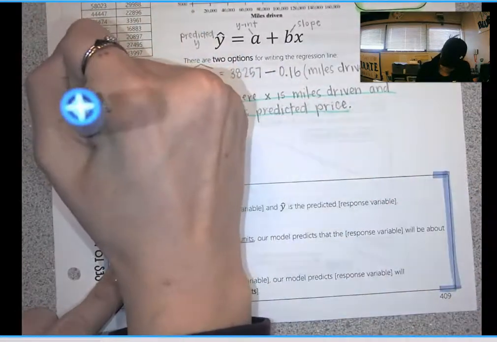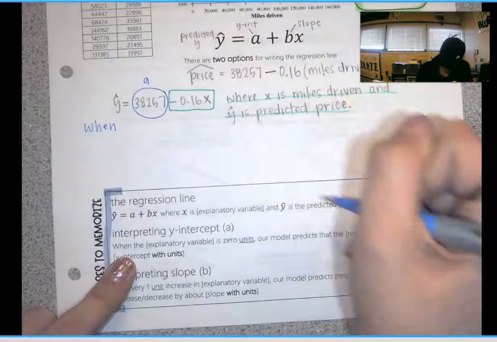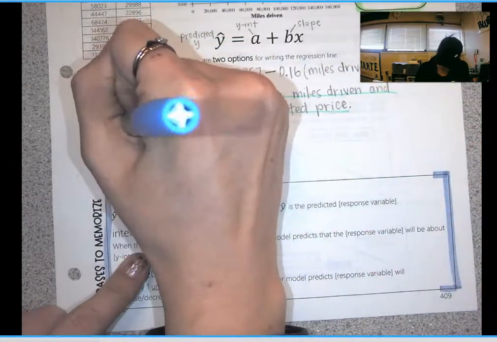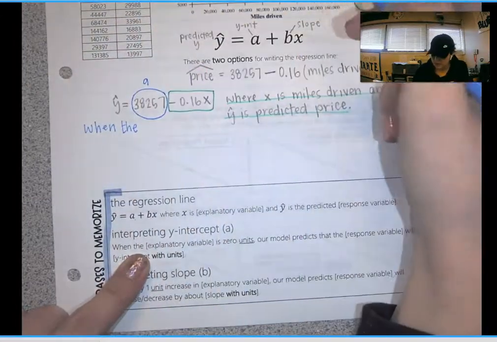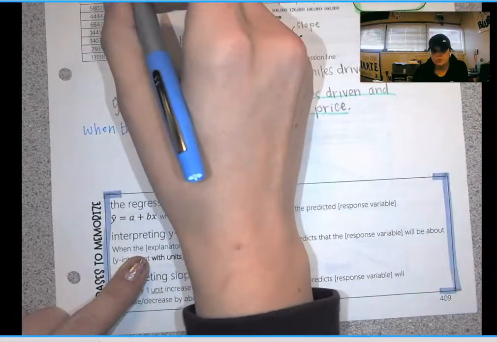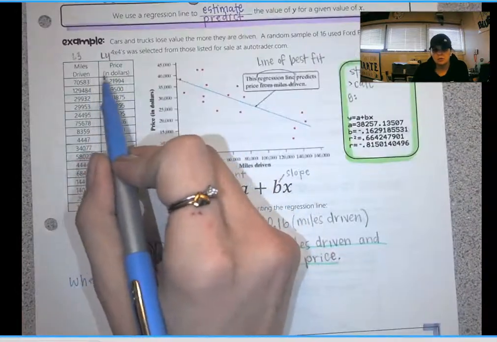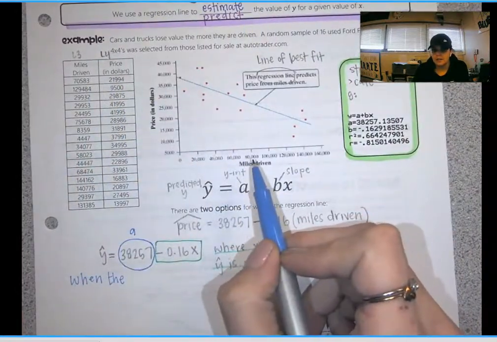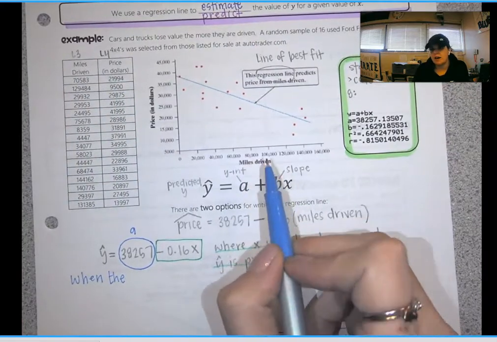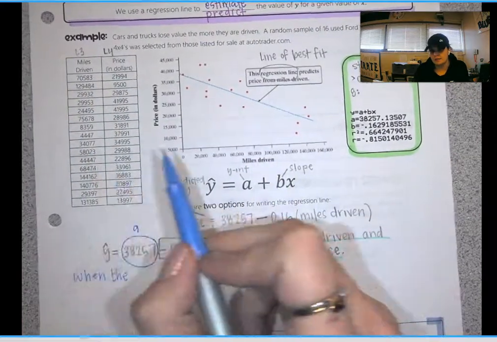When the explanatory variable, so I usually use what is in the table or what is in the graph. If they have given us a graph, I prefer to use that than the table.